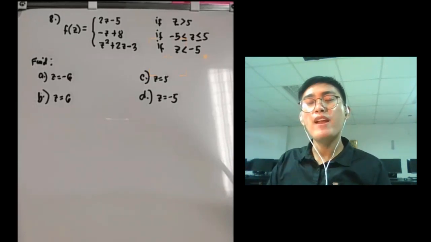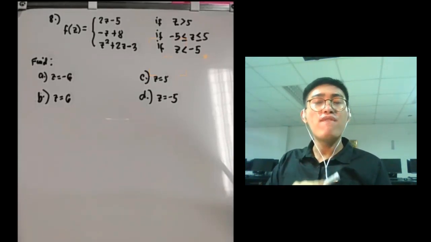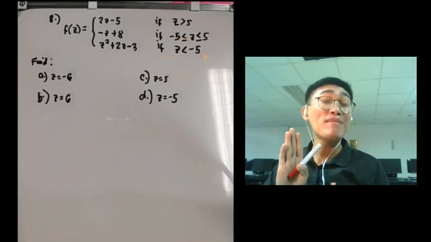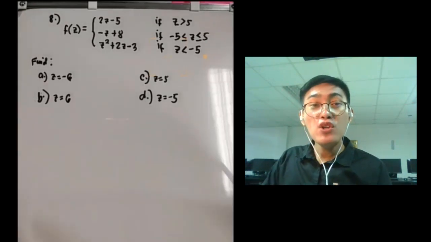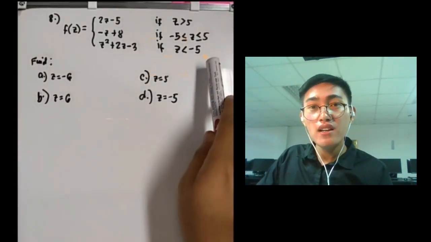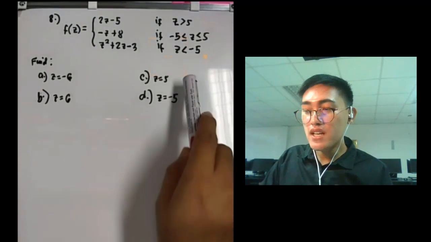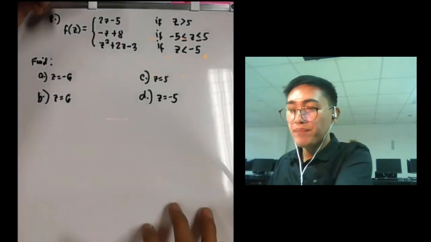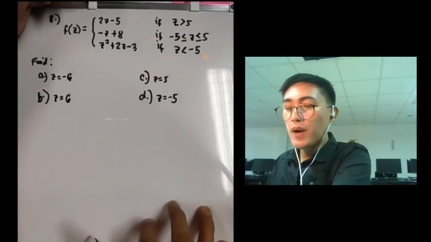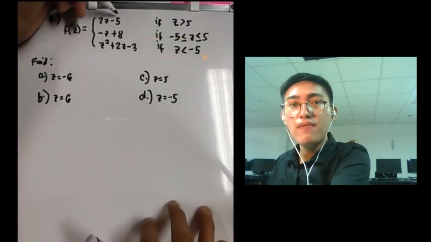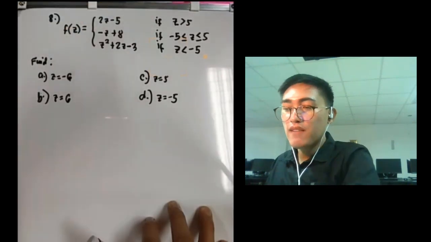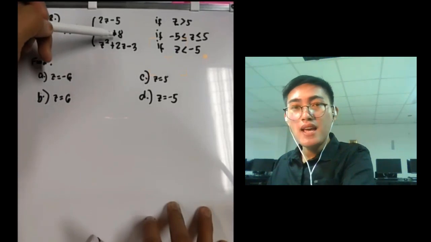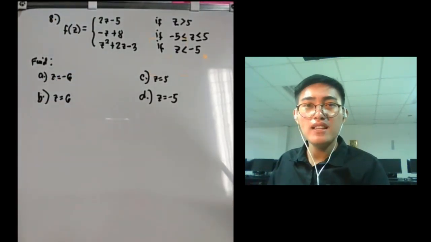In number 7, we have 2 subfunctions, but for number 8, we have 3 subfunctions. Do not be confused, because if you know how to follow the rules we have here, you take a look at the values here, makukuha mo pa rin ang tamang sagot. Let us read. F of z equals 2z less 5 if z is greater than 5. Next, negative z plus 8 if, okay, let us see how to read this.